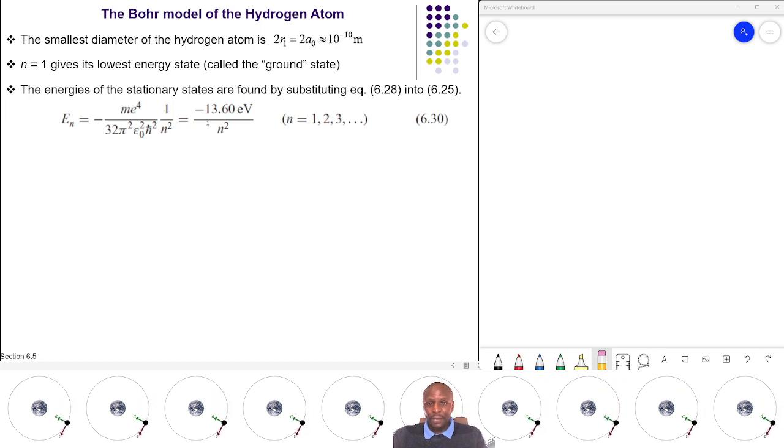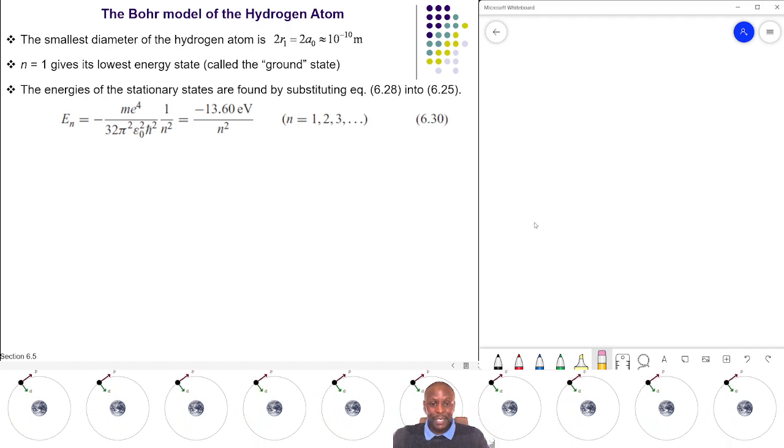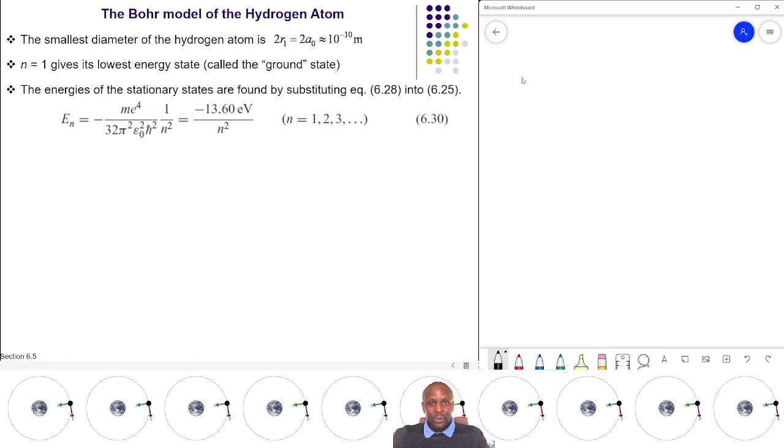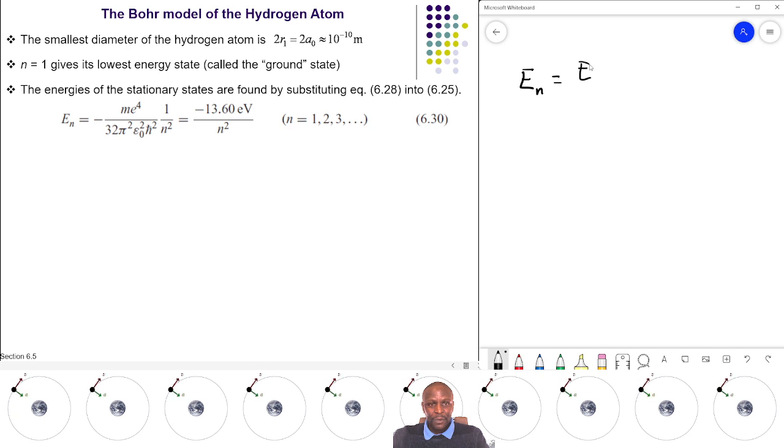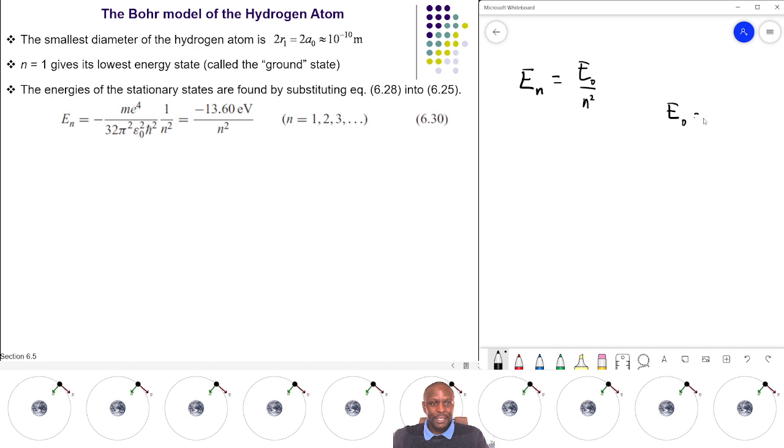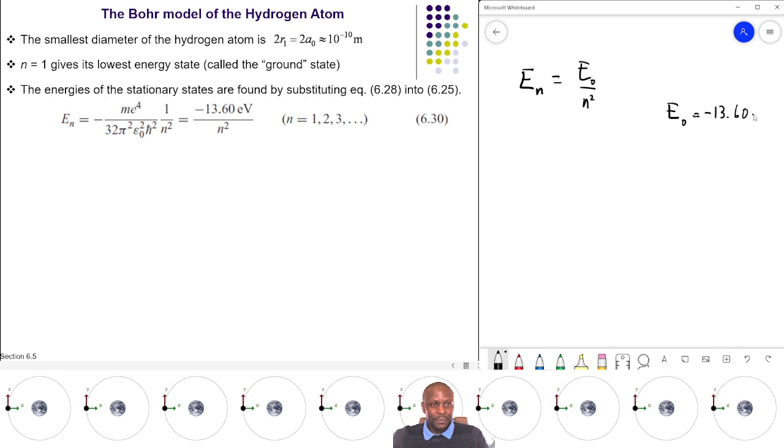Now you are just going to have this equation as your energy, right? So I hope you are able to see that. If you don't see these things, please just write them down. I also want to show you that En, in some books, is normally written as E0 divided by n squared, where E0 is just -13.60 electron volts.